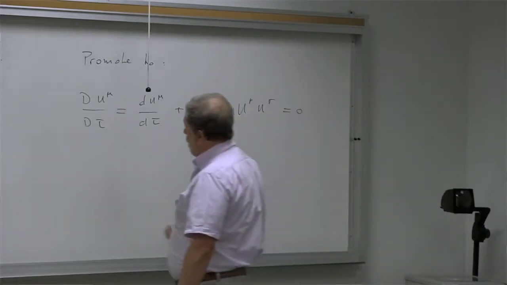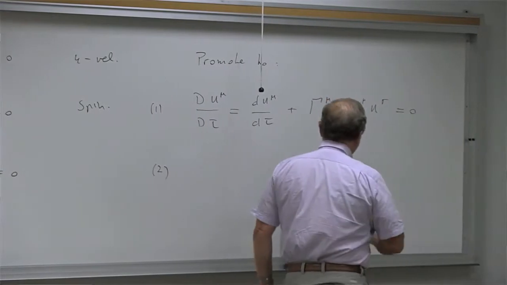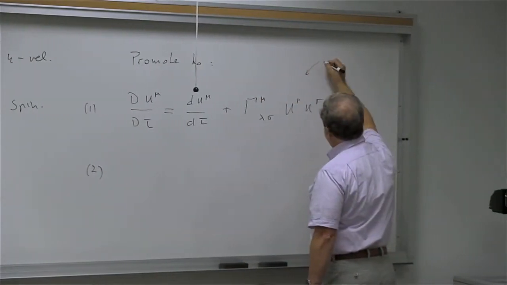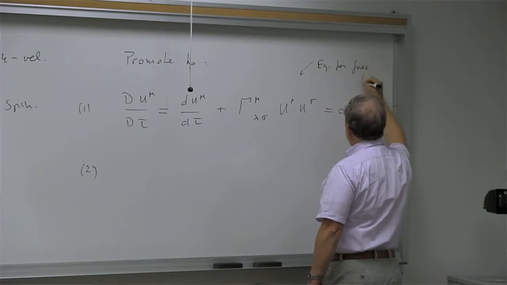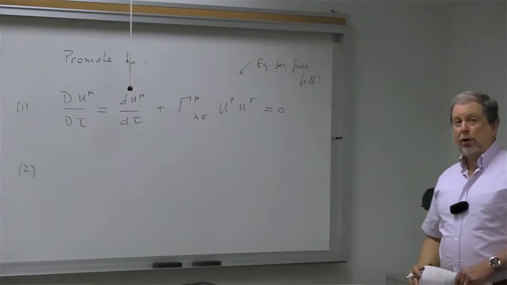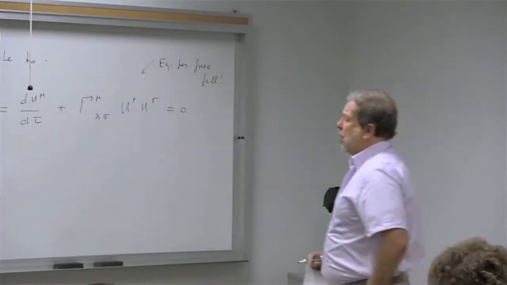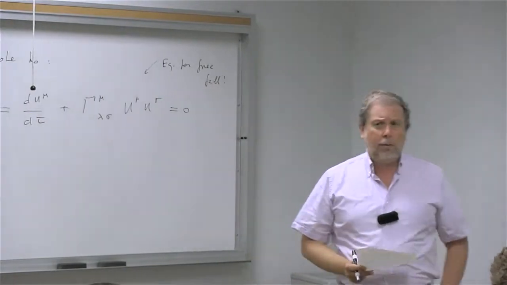So that's equation number 1, and of course this is just the equation for free fall. It means that we really haven't learned much at this stage, because just using covariant derivatives reproduces what we had known before.